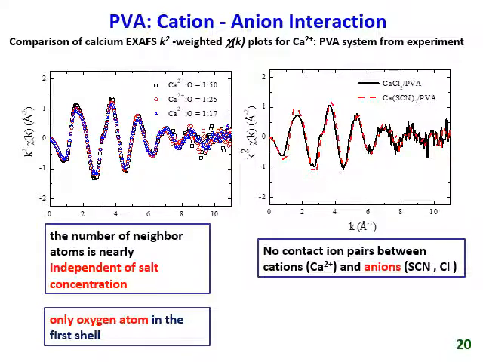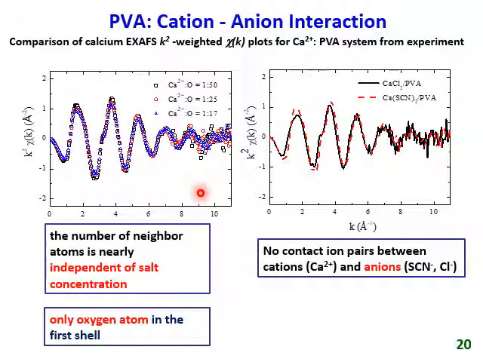For the first system, we vary the amount of salt with different oxygen to calcium ratios. The EXAFS spectra for all these conditions were similar for both frequency and amplitude at all k range. So this indicates that the neighbor atoms are the same element and the number of neighbor atoms is nearly independent of the salt concentration.